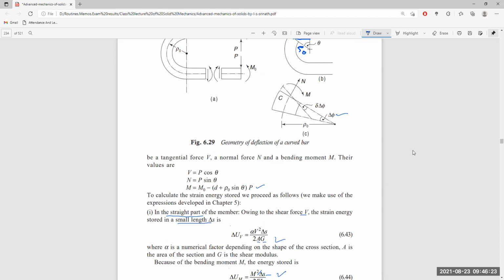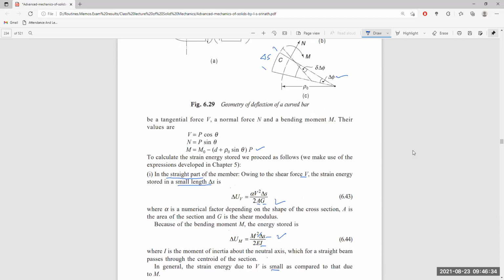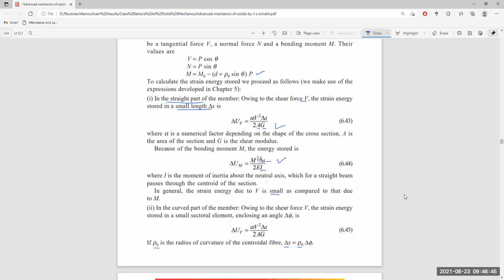If we multiply this distance rho by delta theta, we get this particular distance here as delta S. Now, by using the same equation, the square of the bending moment multiplied by the distance divided by 2 into EI. In general, the strain energy due to bending moment is very small as compared to that due to M. In the curved portion, as I have told you, what is rho 0 and what is rho, delta S.